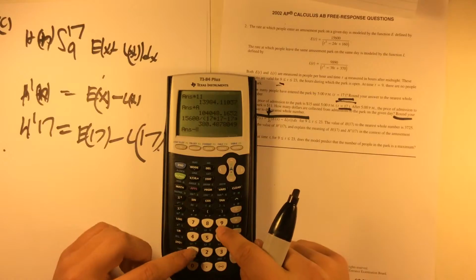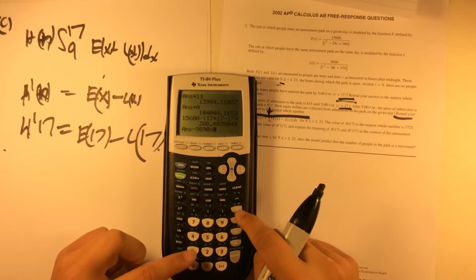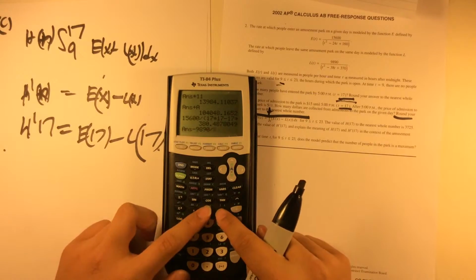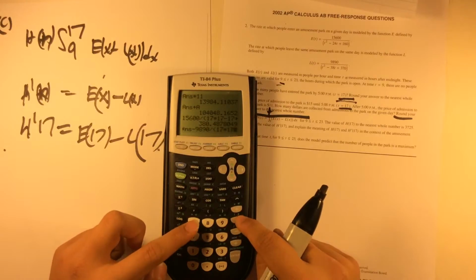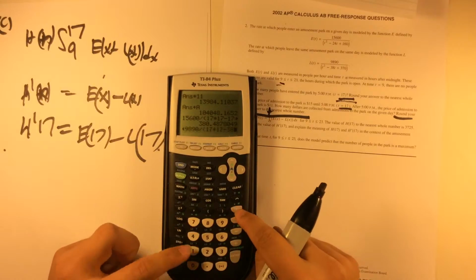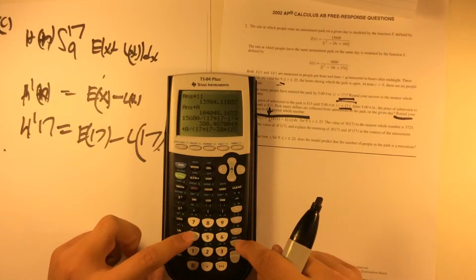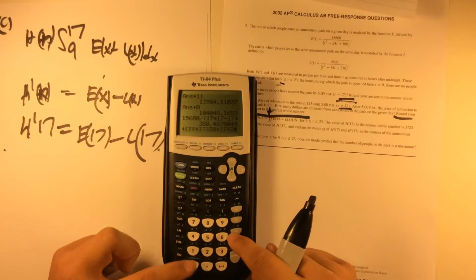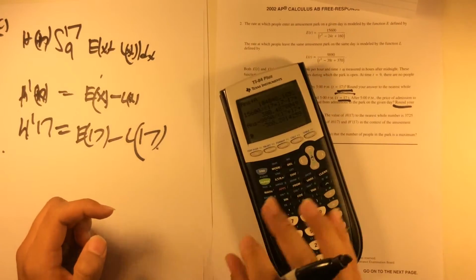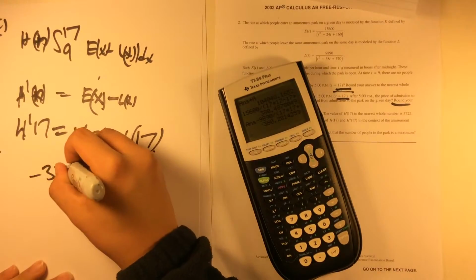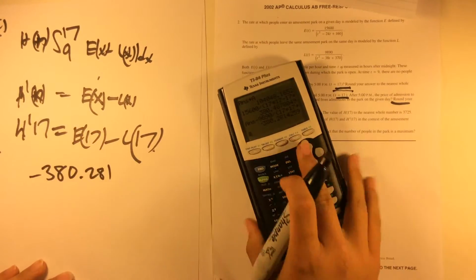Which is 9890 divided by 17 times 17 minus 38 times 17 plus 370. That answer gives you negative 380.281.